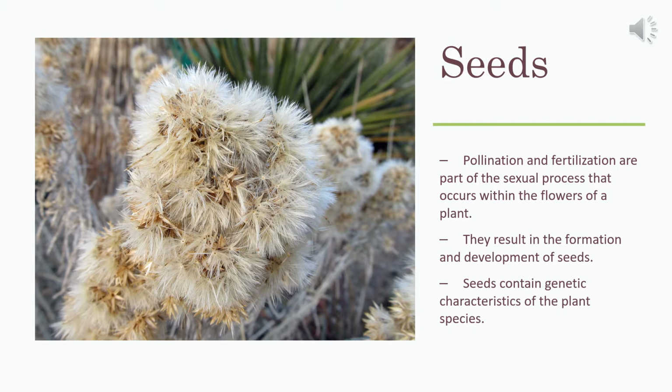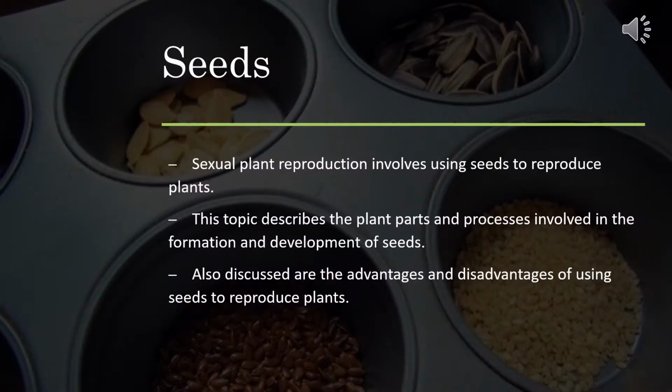So when the male genetics and the female genetics are combined, they result in the formation and development of seeds. And so that seed is going to contain the genetic information from both plants. So when we talk about sexual plant reproduction, we are talking about using seeds to reproduce more plants.